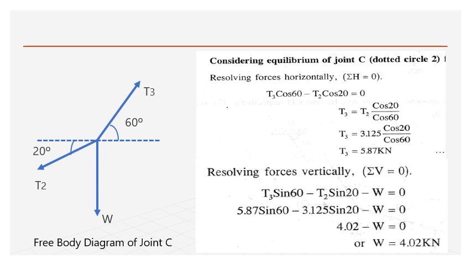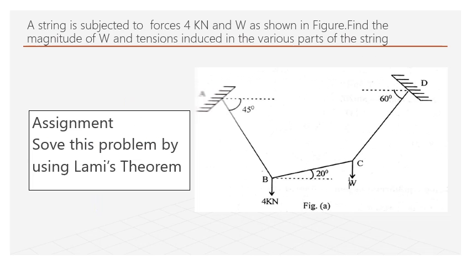Again, you can see in both the joints there are only 3 forces. What is the assignment for you? Solve this problem by Lami's theorem. It is solved here by using the conditions of equilibrium. The same thing you have to solve by applying Lami's theorem and find out the answer.